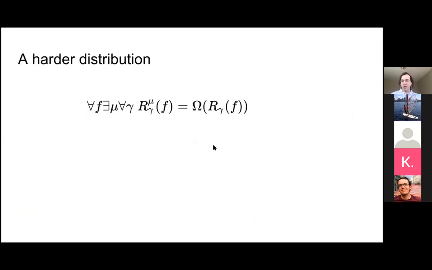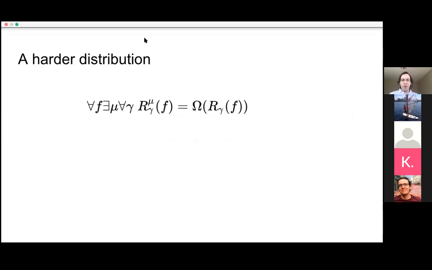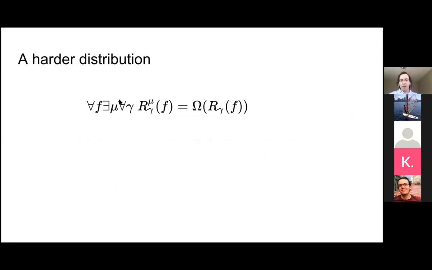In other words, you might ask: is it true that for all f, there exists a hard distribution mu, such that for all bias levels gamma, R subscript gamma superscript mu, the cost on average against distribution mu of computing f to bias gamma, is at least R sub gamma of f, which denotes the worst case cost of computing f to bias gamma?